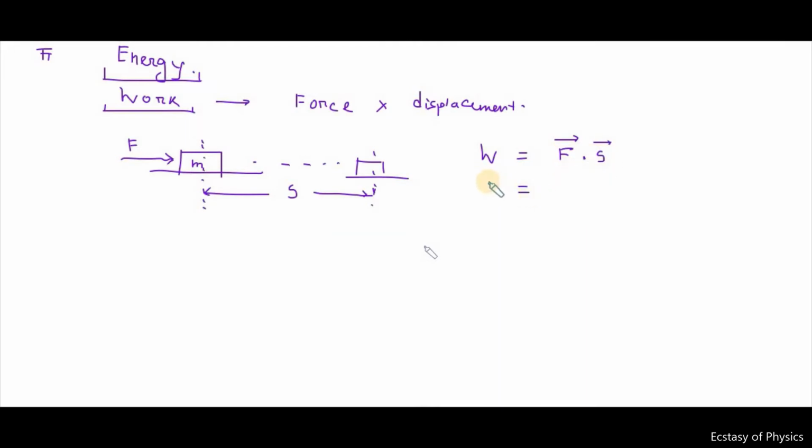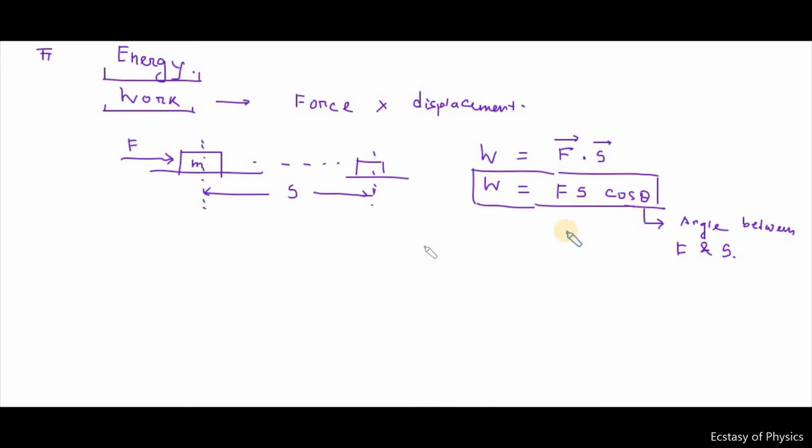So whenever we write the magnitude, that gives F into S into cosine theta, where this theta represents the angle in between force and displacement. So finally the expression of work done we are getting is F into S into cosine theta.